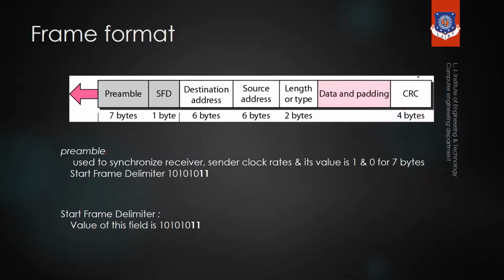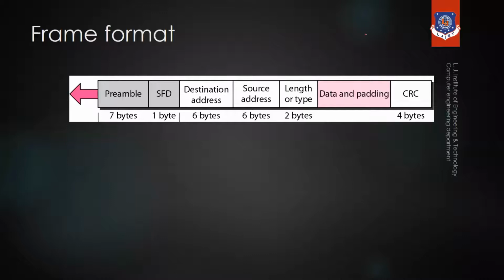Now, this is the frame format of the data link layer. As you know, the packet or datagram is generated in the network layer. And when it is passed to the data link layer, some trailer and header will be added and together it will be called a frame.